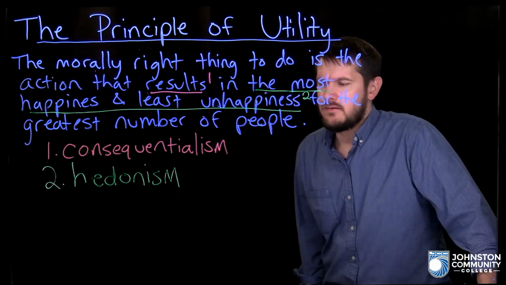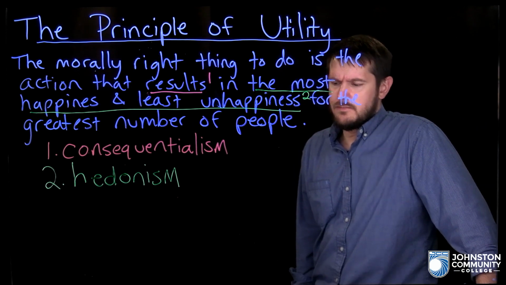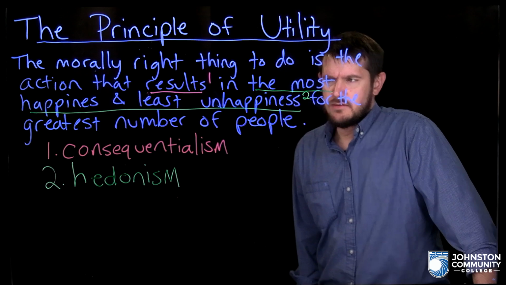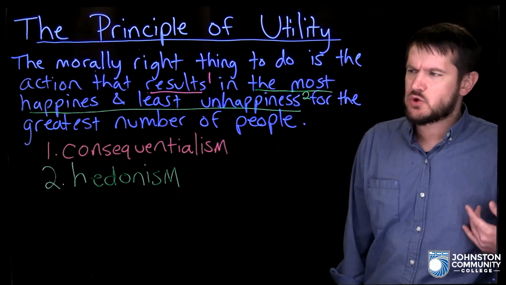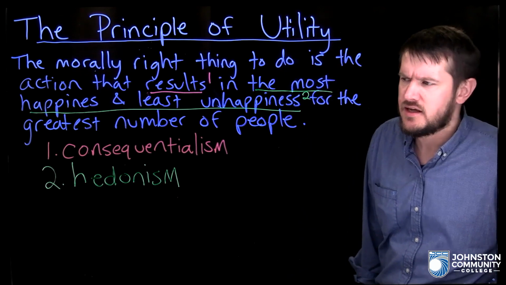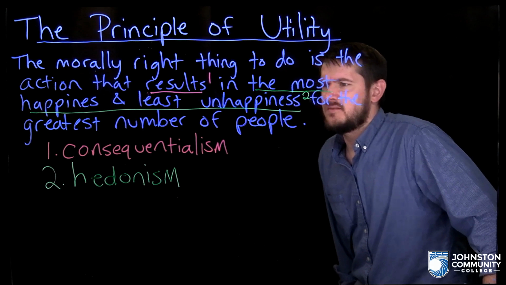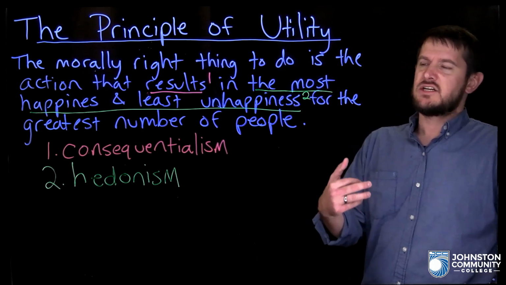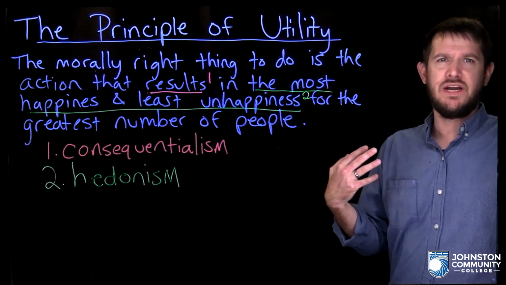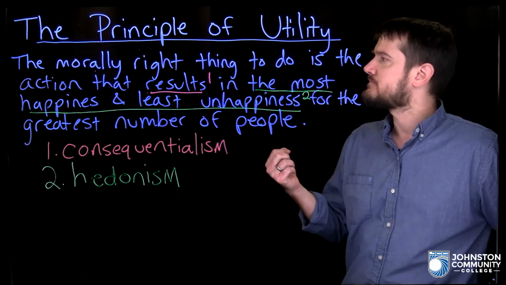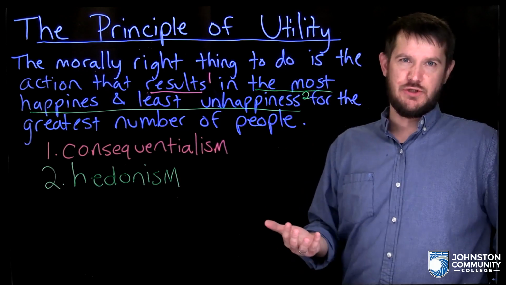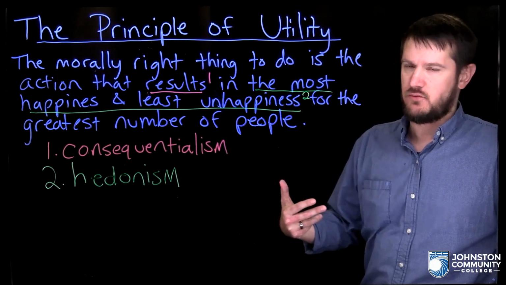Some of you might understand the word hedonism to have a sort of negative connotation. That is, hedonism implies pleasure seeking and pain avoiding. That's what animals do. They seek pleasure and avoid pain.